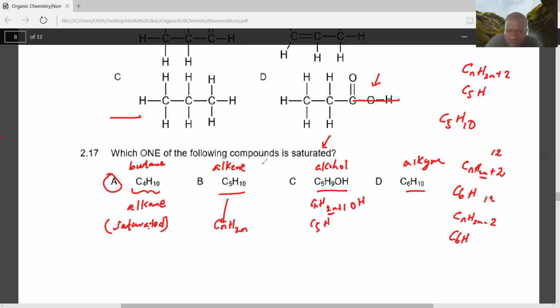Because with 5 carbons, we're supposed to say C5, and 5 times 2 is 10, plus 1, it should be 11 with the OH. So this is not an alcohol. Okay, I apologize, guys. So the answer is A.